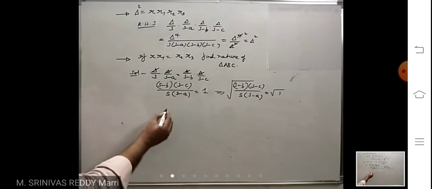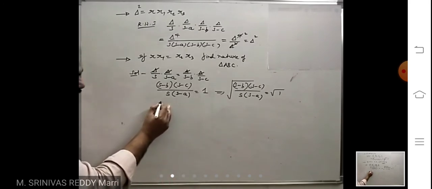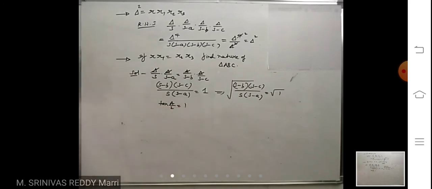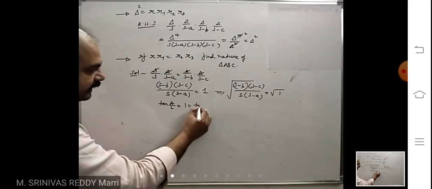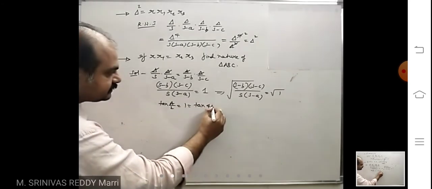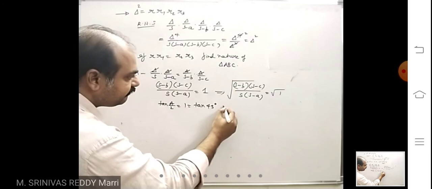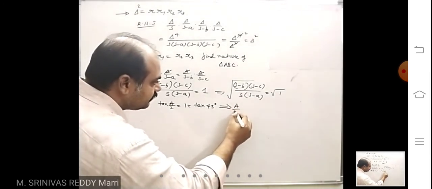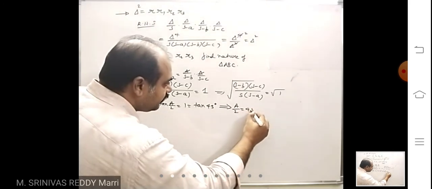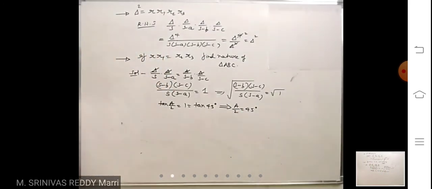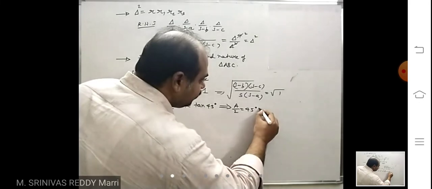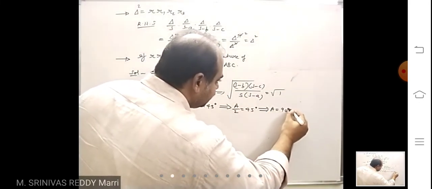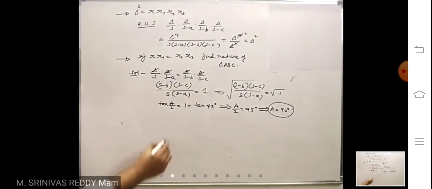So this is nothing but the formula for tan A by 2. Tan A by 2 equals 1. Tan A by 2 equals 1 means this is tan 45 degrees. That means A by 2 equals 45 degrees, so A will be 90 degrees.